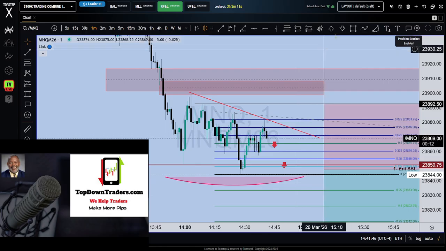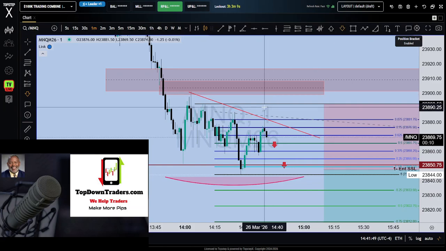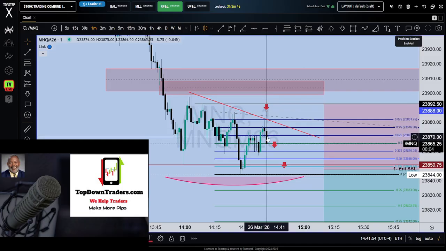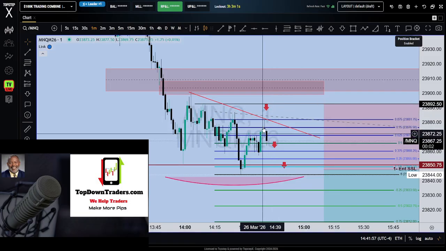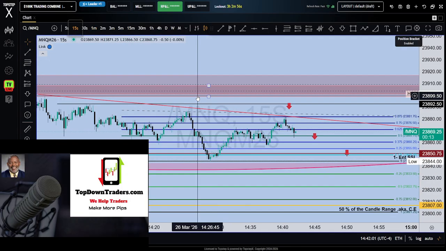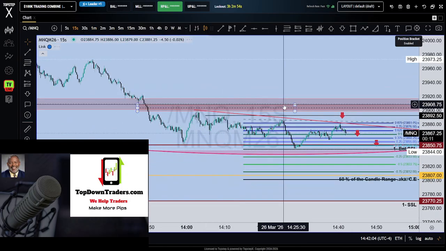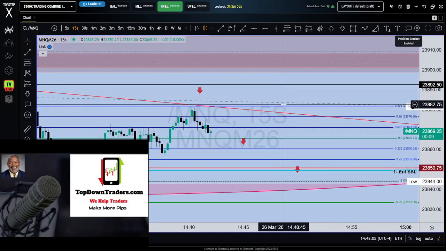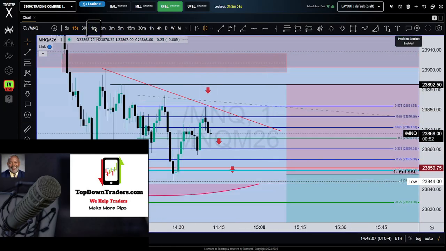If you really believe in your strategy, you can add on another one here on this bar. I don't typically like to add on when bars are going down. I like to add when bars are going green. So I need to go down to the 15 second and see what's going on here. Okay, so price is price, right? Back to the 1 minute.